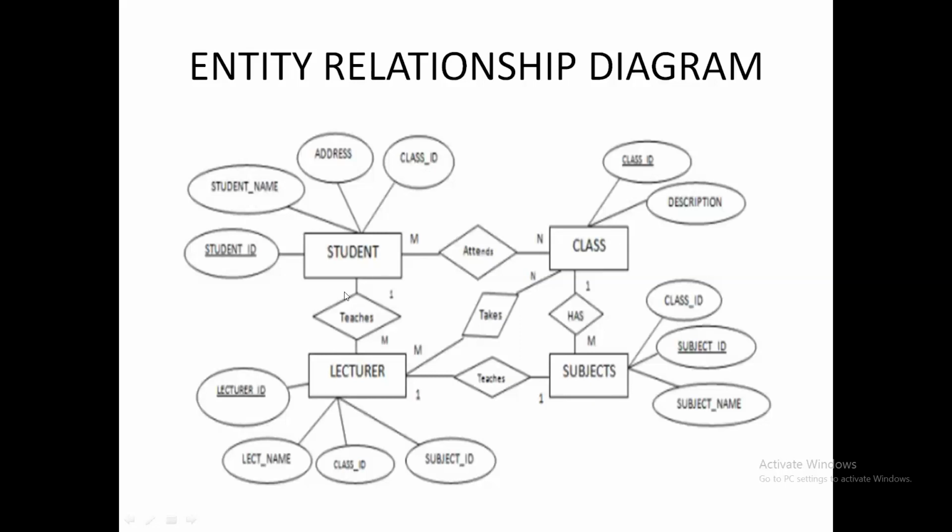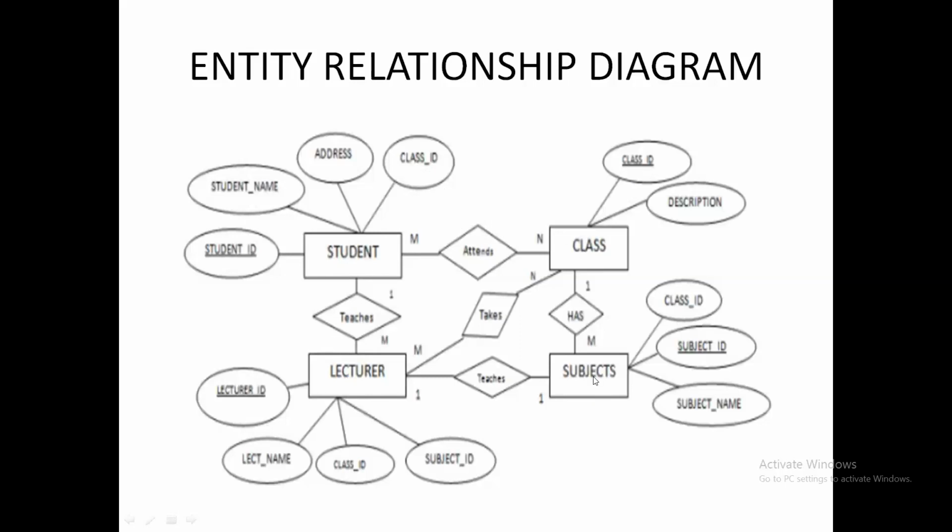Now here you are going to represent the relation between 2 or more entities present here. The relationship between the entities student and class is that a student is going to attend the class, and the lecturer is going to teach the students.